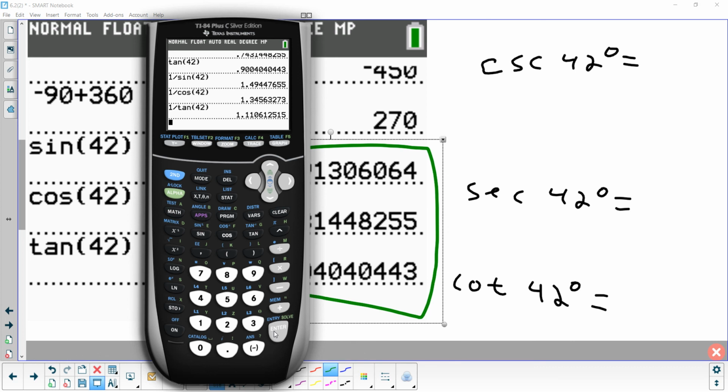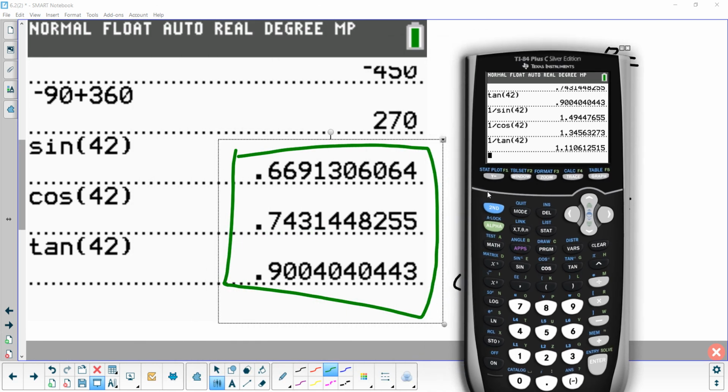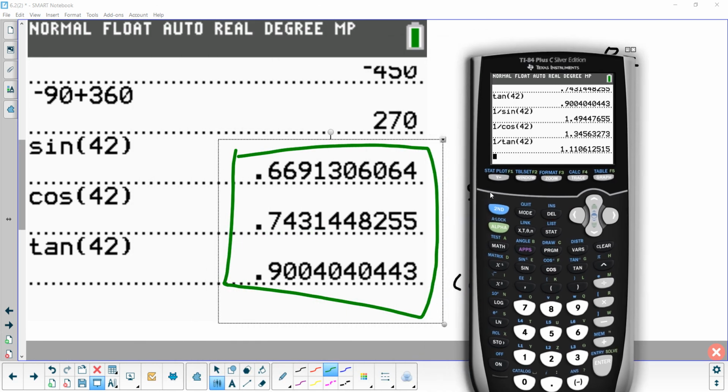There's your cotangent. That's how you do the ones that you have to flip: cosecant, secant, cotangent. Any questions on that?